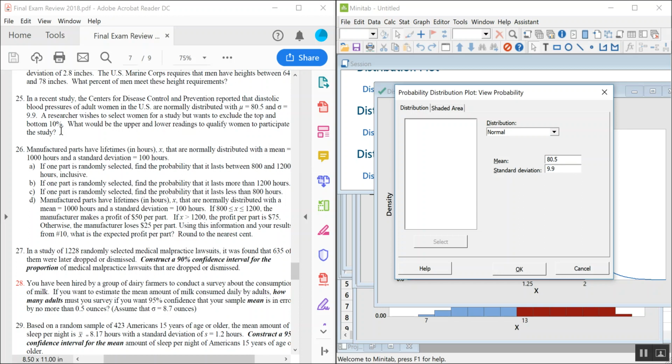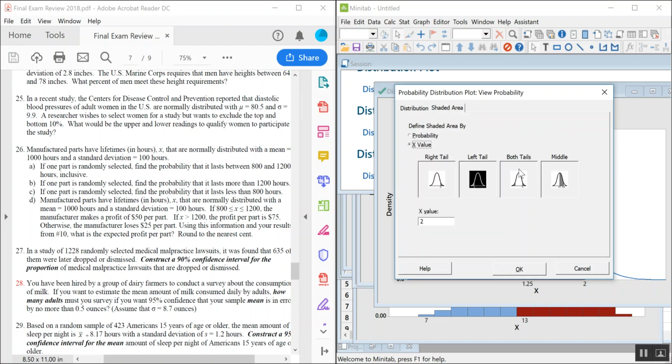Top and bottom 10%. I bet you I know where this was confusing. It's a little bit from the wording where you might think, do the top and the bottom together make 10%? Or do I want to remove the top 10% and the bottom 10%, which is how I would interpret it. So I want to remove the bottom 10% and the top 10%.